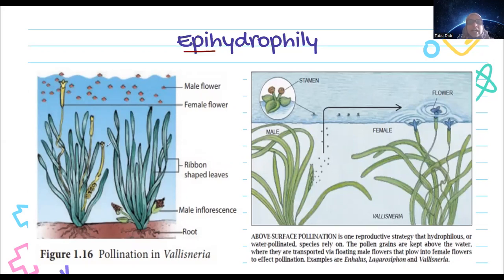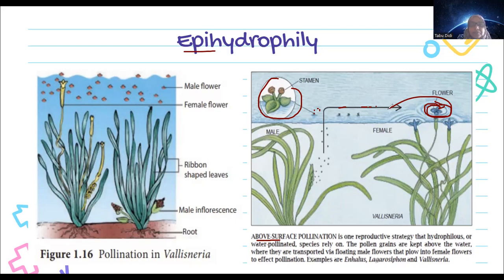You can see in the picture, the plant is under the water, but you can see the stamen, the male reproductive part, floating on the water, and the pollen grains will be released. Similarly, you can see the female flower over here, and floating with the help of the water currents, they will go and stick onto the stigma of the female flowers and bring about pollination.